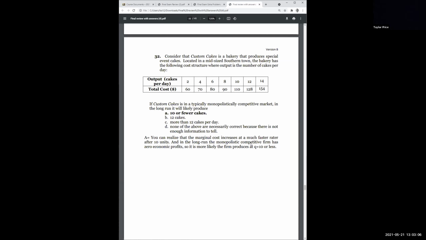Yeah. So for this one, I'm trying to remember if I emailed you a graph. Yeah, you emailed me a graph, but I didn't understand the way. For the graph, when you're thinking about marginal cost, remember how when marginal cost intersects with marginal revenue, it's not increasing rapidly at that point.